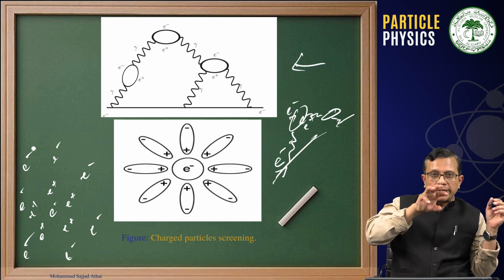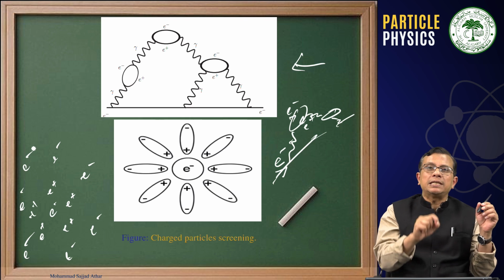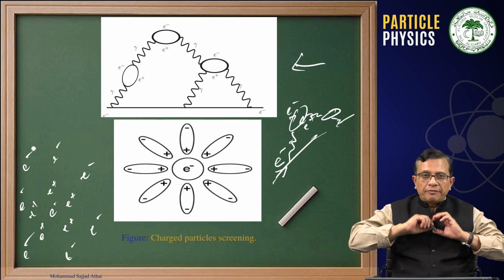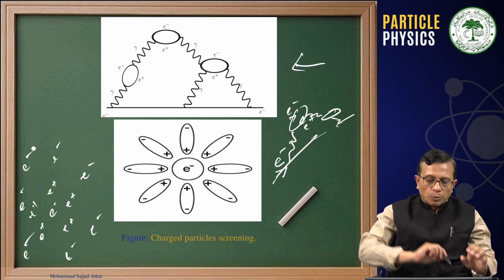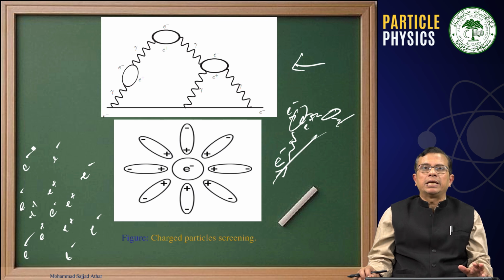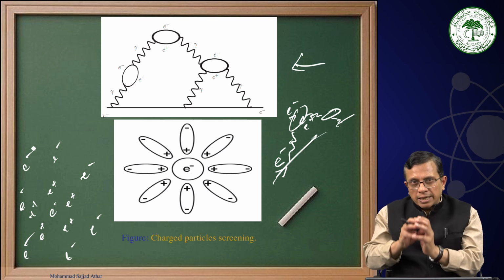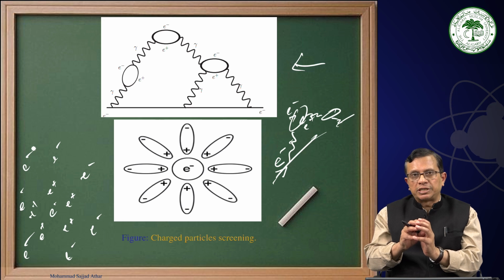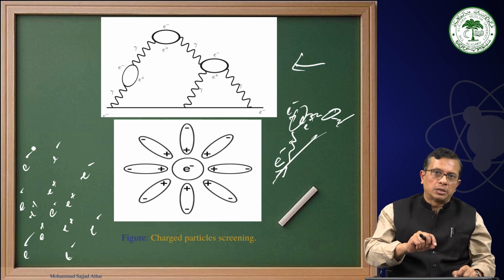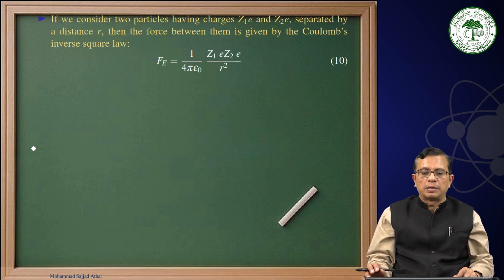These positrons are eclipsing the original charge of the electron. You are not seeing the original charge of the electron. You will be able to see this charge only when you are able to penetrate this cloud, and that is known by the name screening of the charge. Therefore, when you are far away, you are observing a smaller amount of charge, and only when you penetrate this cloud are you able to observe the exact charge of the particle.